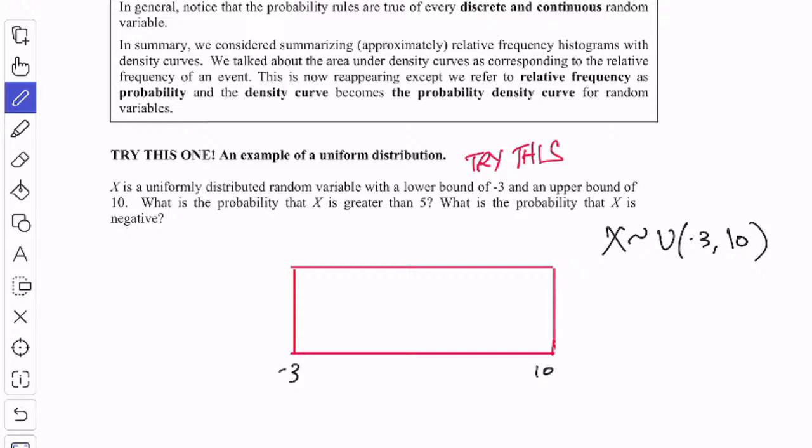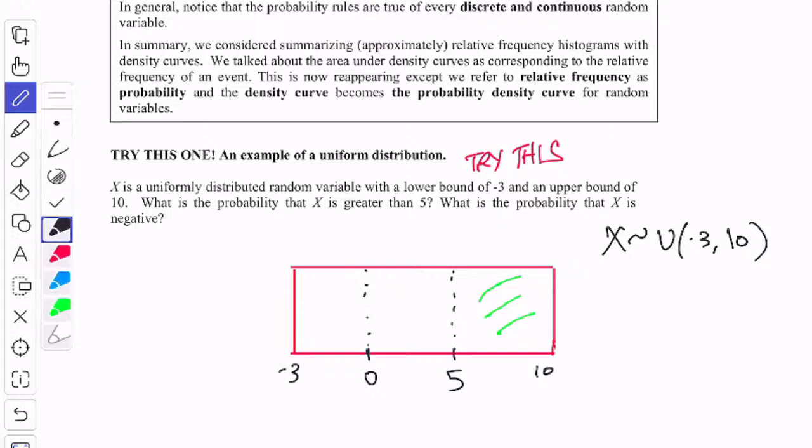So where would 5 be? I will make this 0, and I'll put 5 here. Okay. All right, so then what's the probability X is greater than 5? I want to know this. And what is the probability that X is negative? That would be this, right?